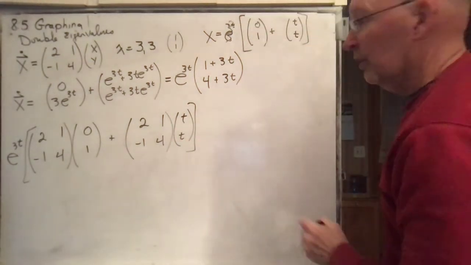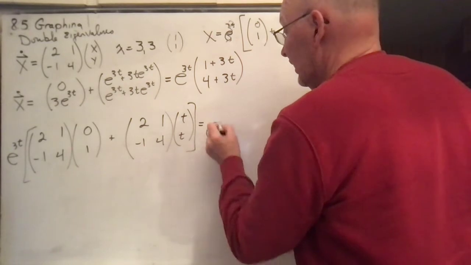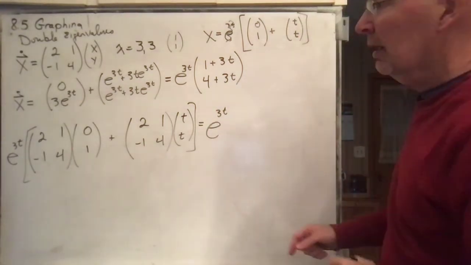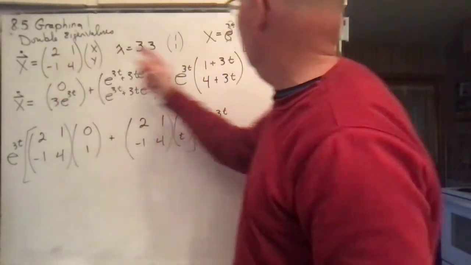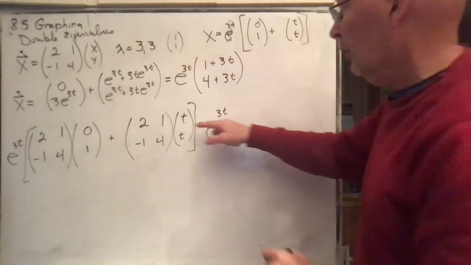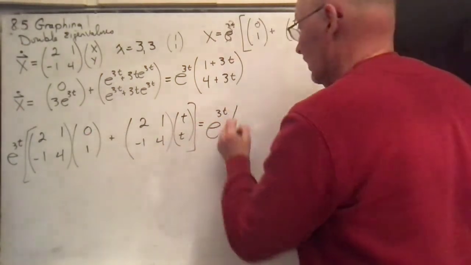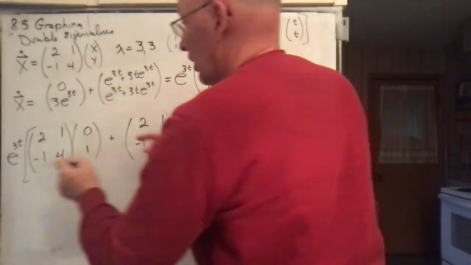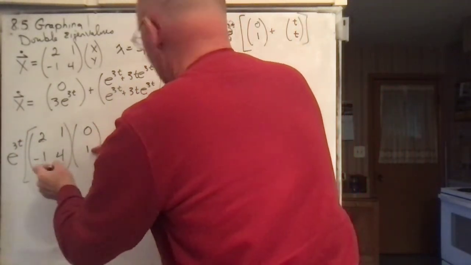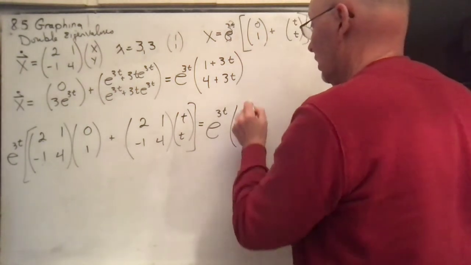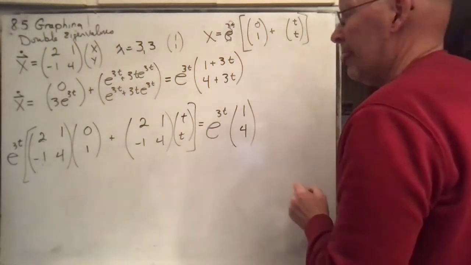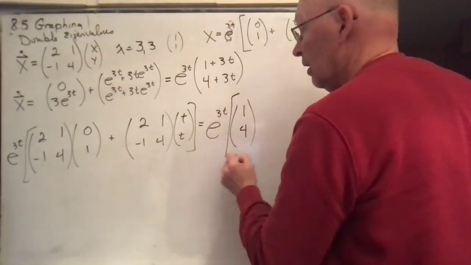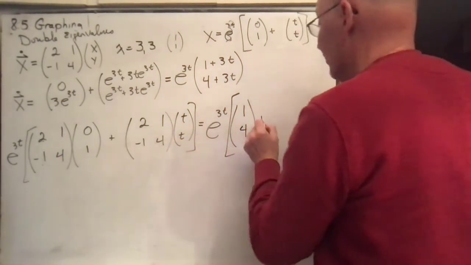And what do we get when we're done? We're going to get e to the 3t. Now what did I do? I applied this thing to both parts of it. When I apply it to this, what do I get? I'm going to get 0, 1. And here I'm going to get 0, 4. Okay. And then what happens when I take this times this?